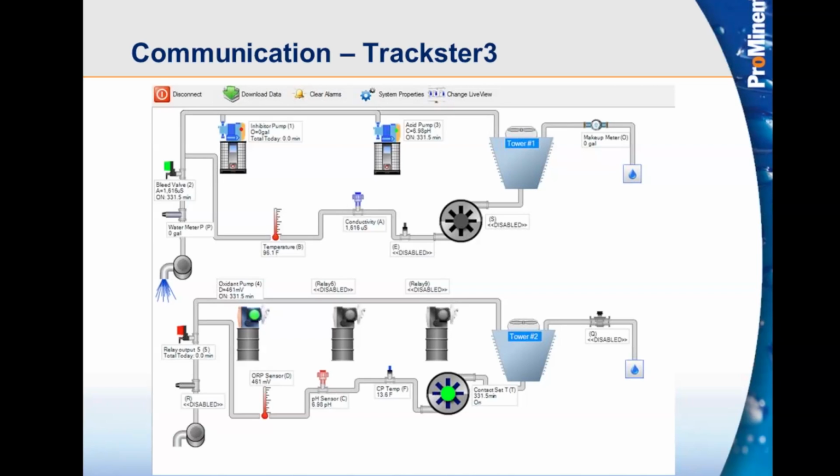Another example of a Trackster live view, this one for cooling towers. And so you can see there's all the information about the application here. We have a disconnect button. We have the download data button, which would allow us to collect the last week or 2 weeks or 3 weeks of information that's been stored on the controller so that we can make a graph and present to our bosses or our customers or whoever how well the process has been working.